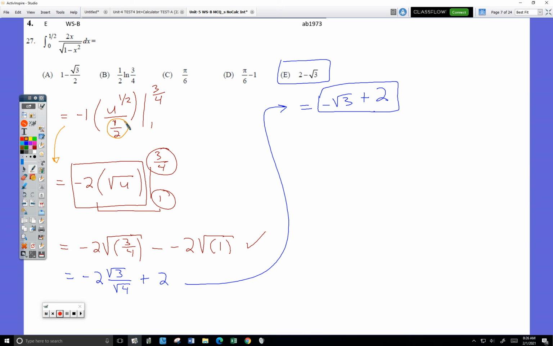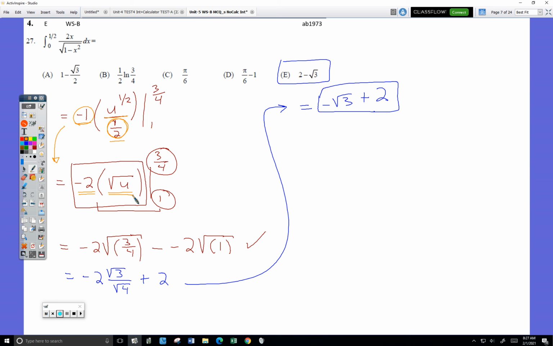So what I have here is 3 factors. They're all multipliers: -1, 2, and u to the 1/2. I simply took 2 of those factors and multiplied them together. The 2 multiplied by the -1 gives me -2. And then I'm left with u to the 1/2, which is the same thing as square root of u. Is that your question? 2 points.